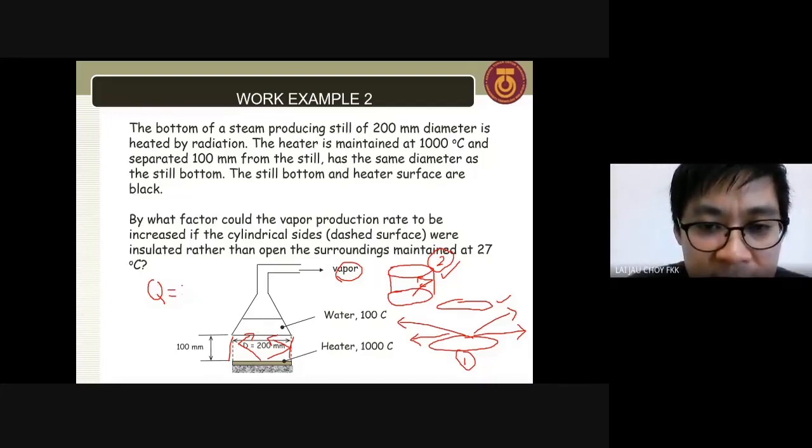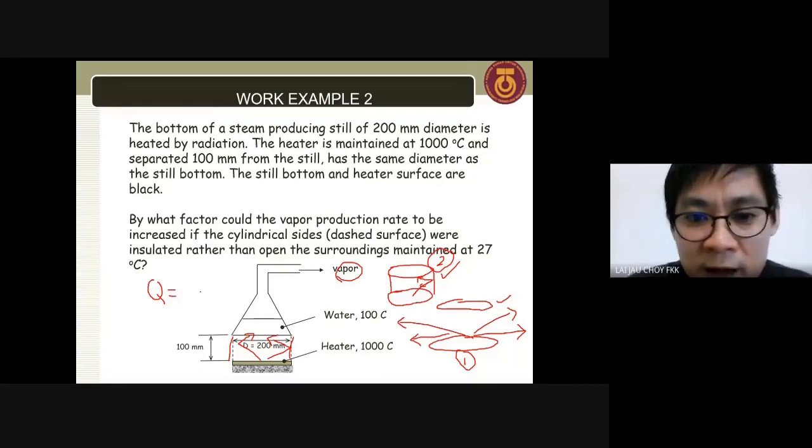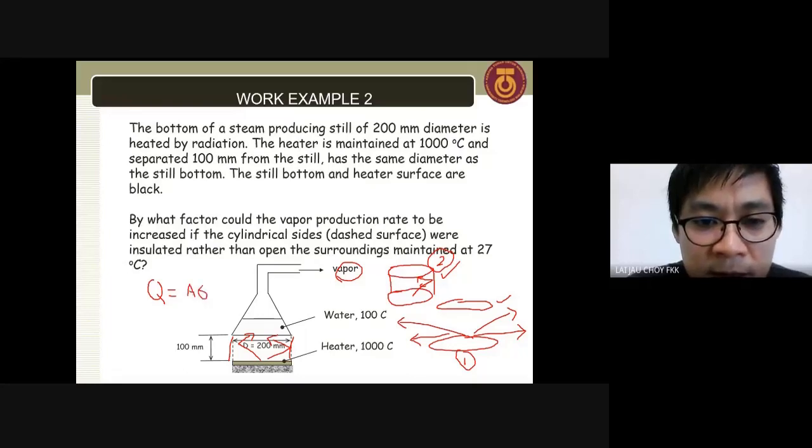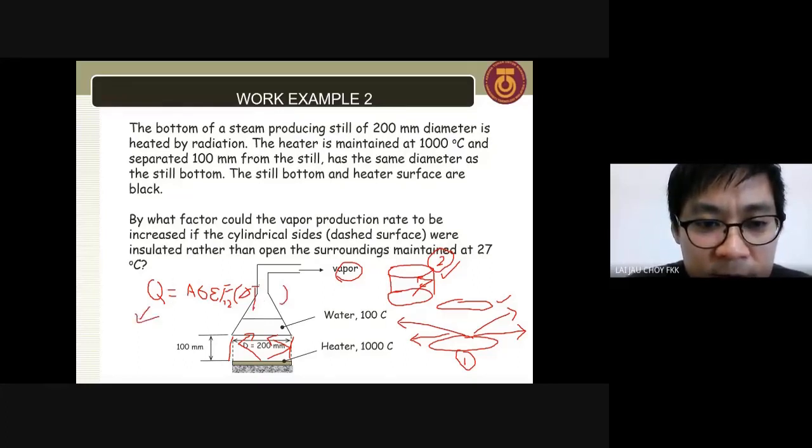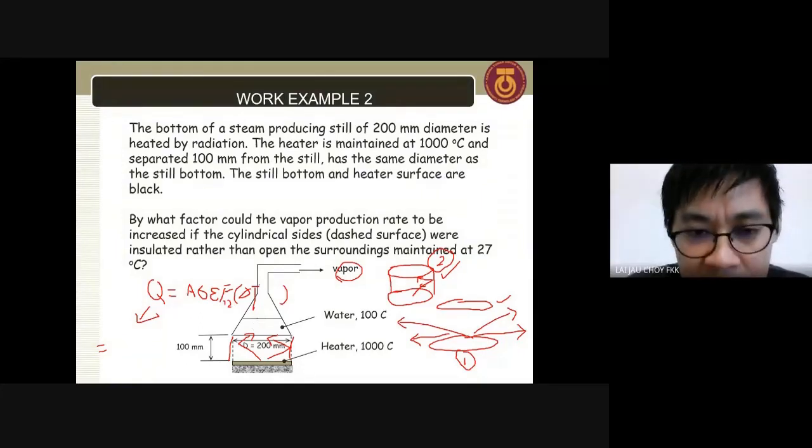So Q is actually, using the formula we have learned, A sigma epsilon F1,2 times delta T, you have T1^4 minus T2^4. And this Q is also the same as, because the heat, this Q is used for one purpose only, for producing vapor.